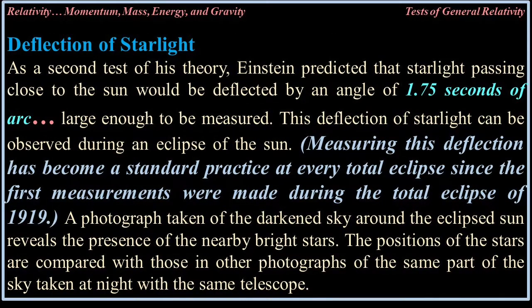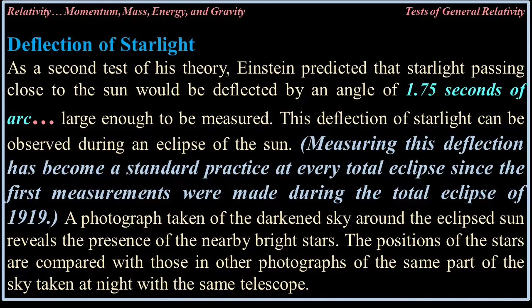Deflection of starlight. As a second test of his theory, Einstein predicted that starlight passing close to the sun would be deflected by an angle of 1.75 seconds of arc, large enough to be measured. This deflection of starlight can be observed during an eclipse of the sun.